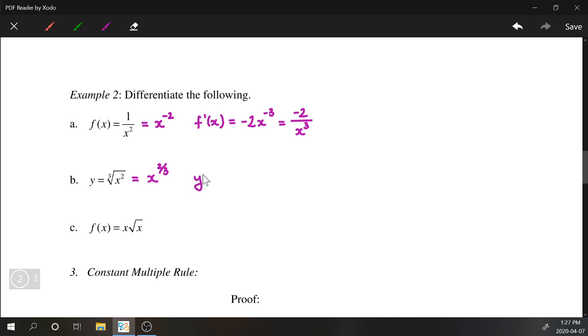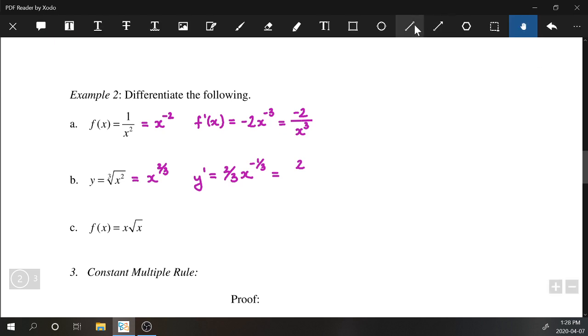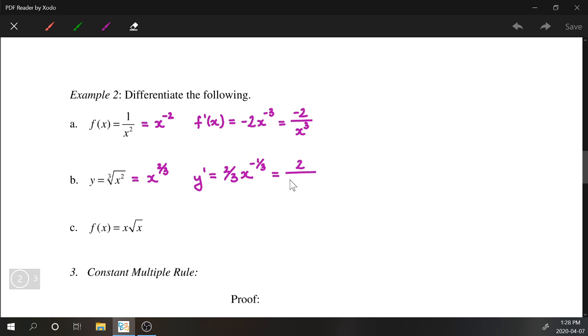So we're going to write y prime is equal to 2/3 x, and then 2/3 minus 1 is negative 1/3. So if you were to write everything out, you have 2, which is the numerator, all over 3, and then the third root or cube root of x.